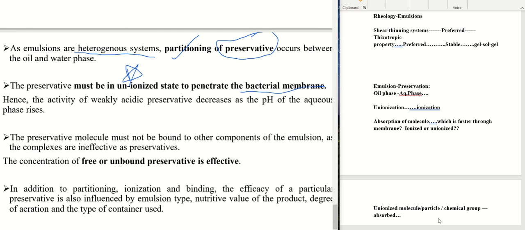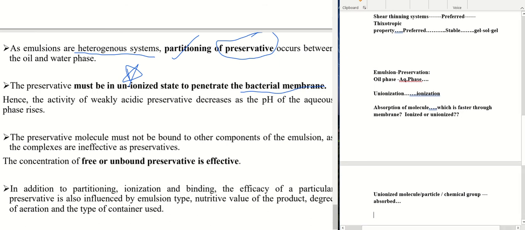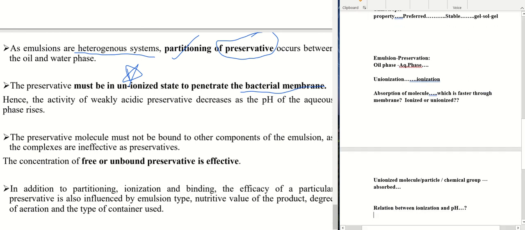Now let's recollect the relationship between ionization and pH. Are these two related to each other? If so, how are they related?